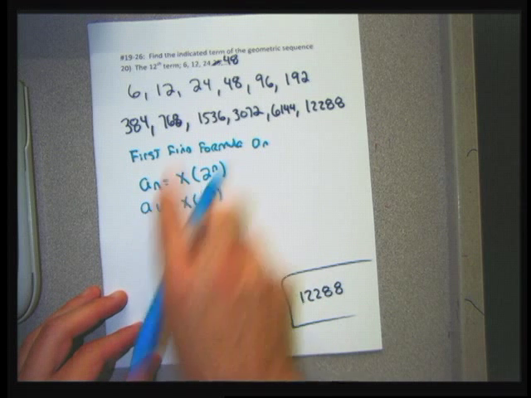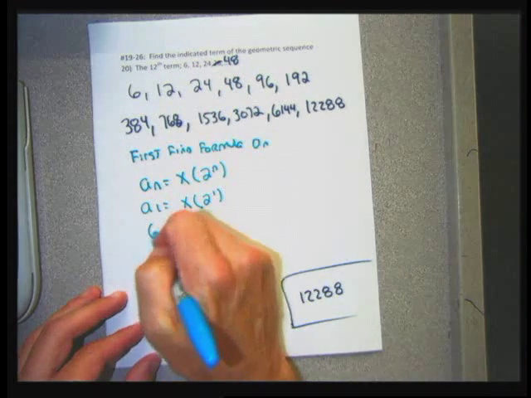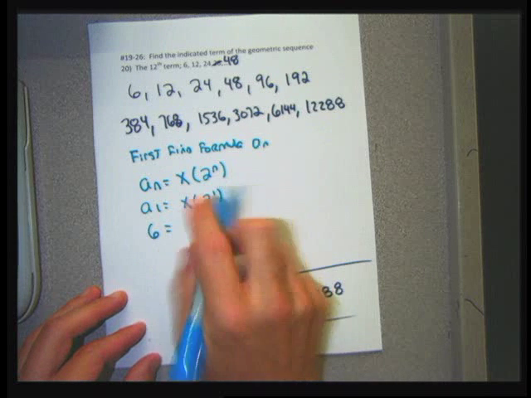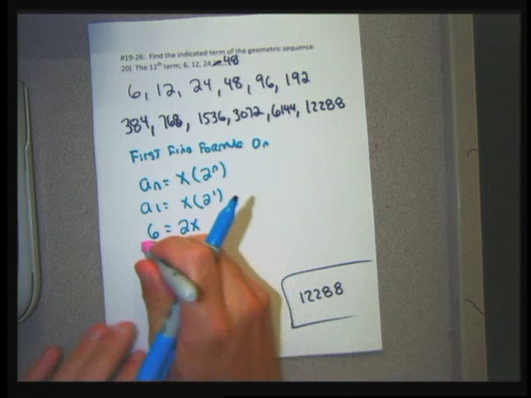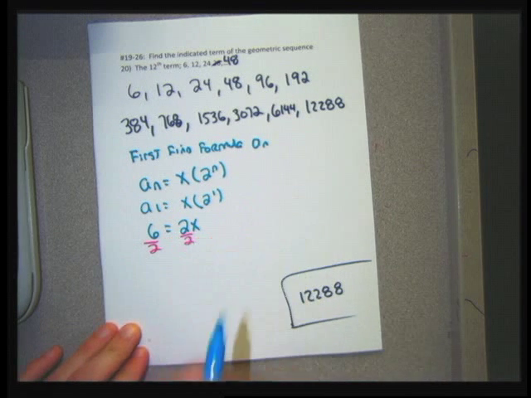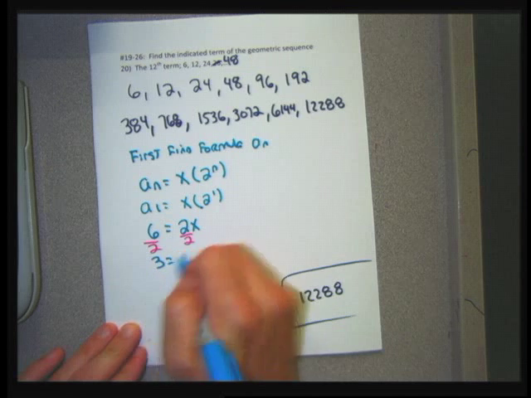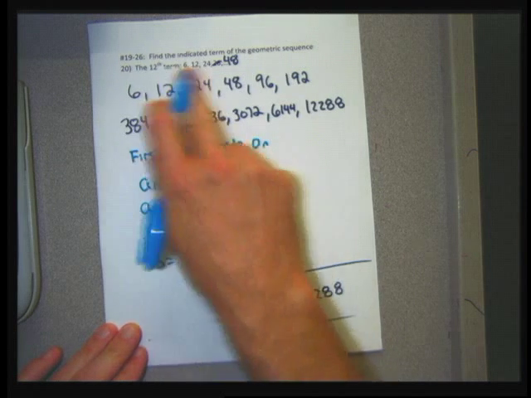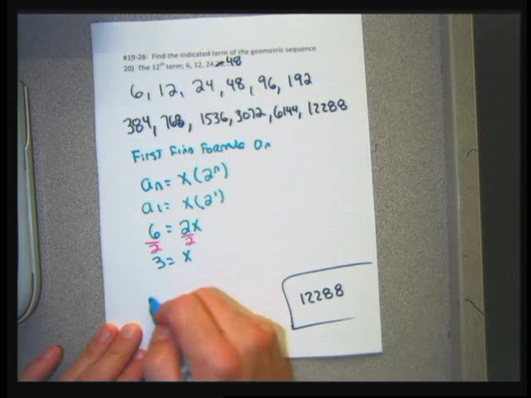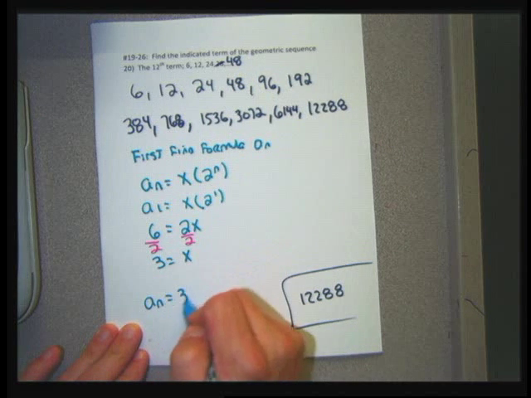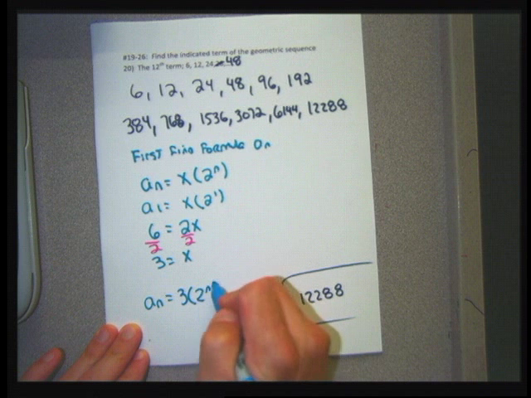A sub 1 is the first term in the sequence, which is 6. This right side simplifies to 2x. I divide both sides by 2 and get 3 equal to x. So this sequence that's defined here, with the 428 turned to a 48, is supposed to be a sub n equals 3 times 2 to the n power.